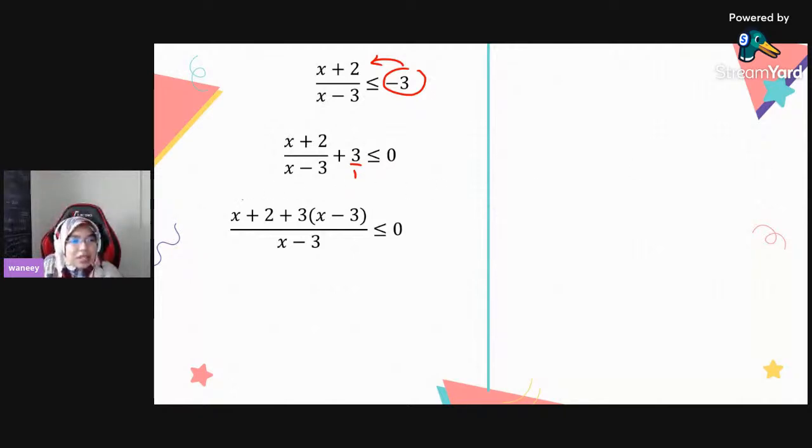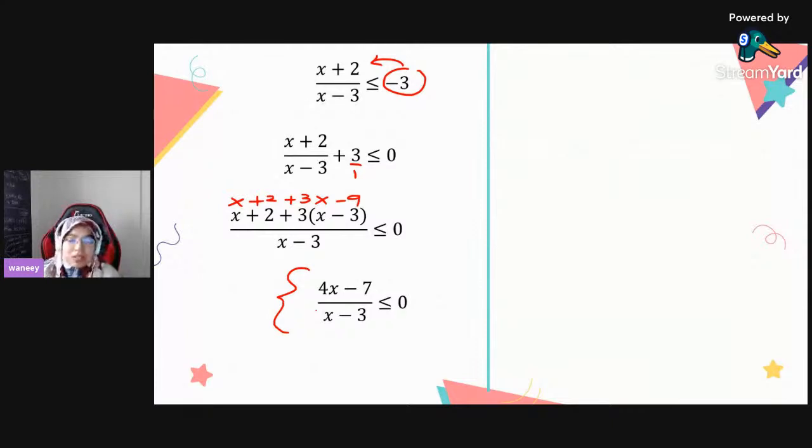So this is x plus 2 plus 3x minus 9. So you simplify them, x plus 3x will become 4x. 2 minus 9 will become negative 7. So we got 4x minus 7 over x minus 3 less than or equal to 0. So this is the simplest form, and this is a rational inequality.